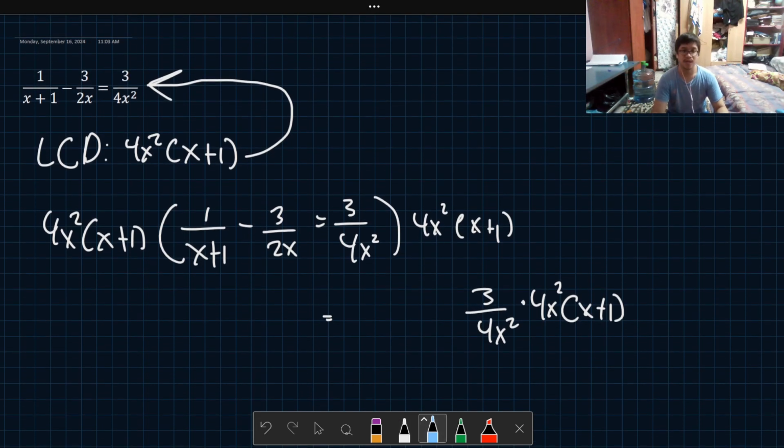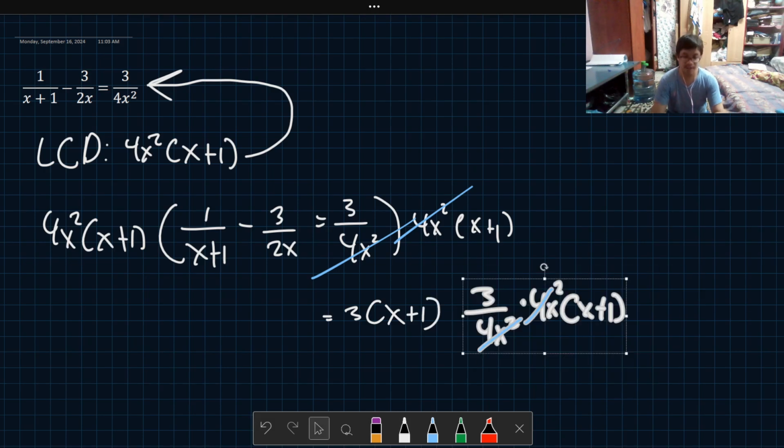Because here, we have 4x squared below and 4x squared above, so we can just cancel it. What's left is 3 and x plus 1. So I will have 3 times x plus 1. There you go. Let me erase that.